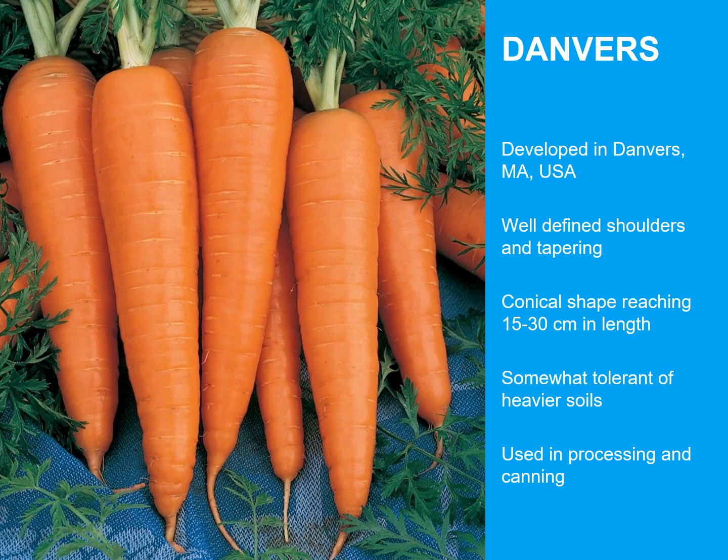It's somewhat tolerant to heavier soils, but obviously most carrots will prefer a lighter soil, and we'll go into that in the next screencast. It's usually used in processing and for canning, but also in quite large amounts for the fresh market too.